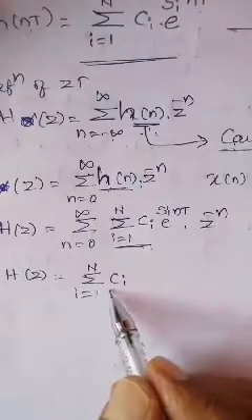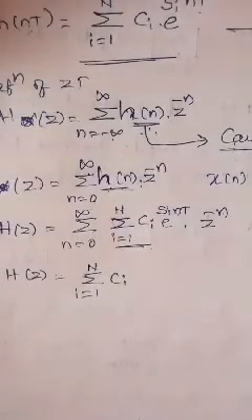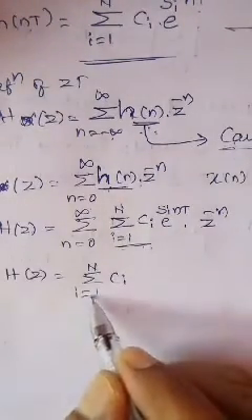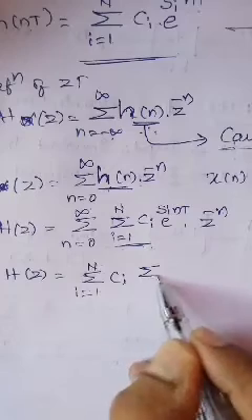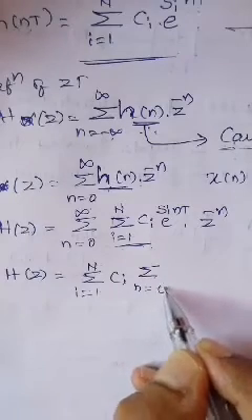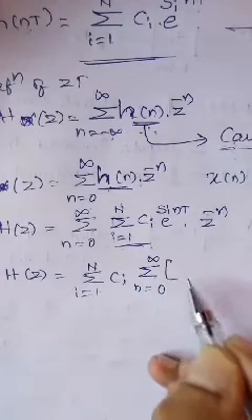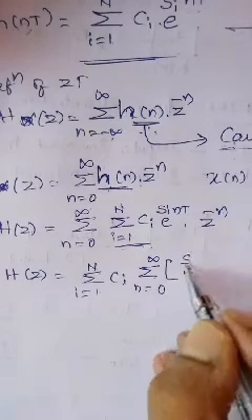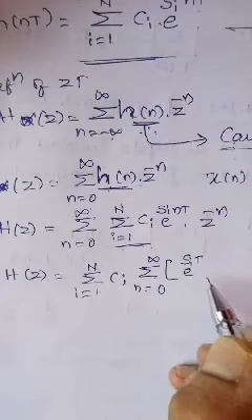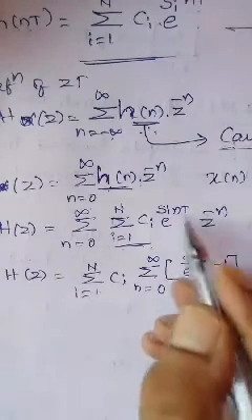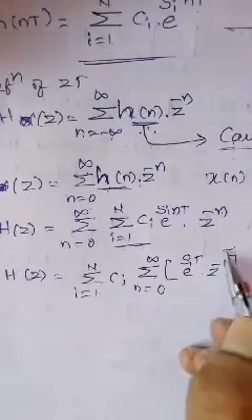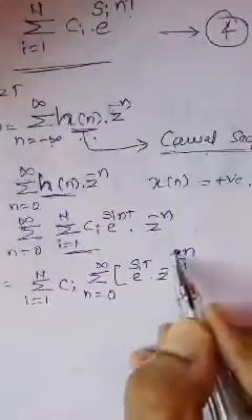Then rearrange the summation terms. Then we get the summation over i equal to 1 to N of Ci, times the summation over n equal to 0 to infinity of e to the power Si T z to the power minus 1, taking the power n term common.